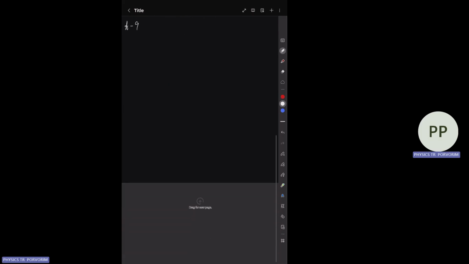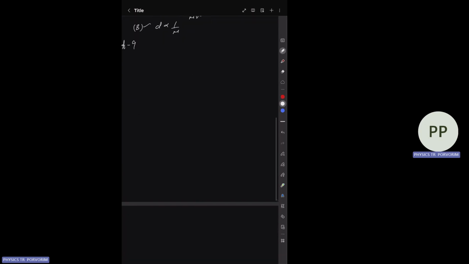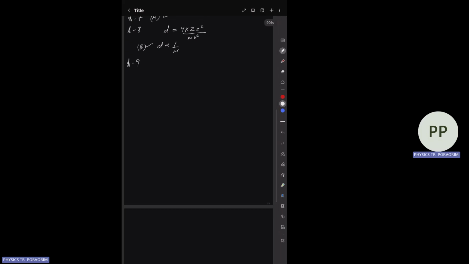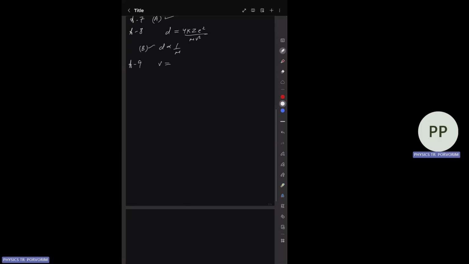Ninth question: consider the third orbit of helium plus, using the non-relativistic approach, the speed of electron. So we have to solve here. We know that v is given by c by 137 times Z by n.